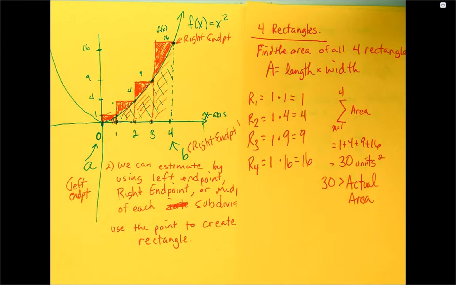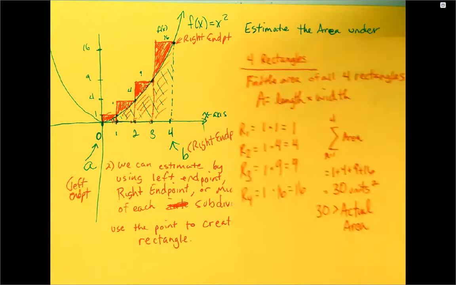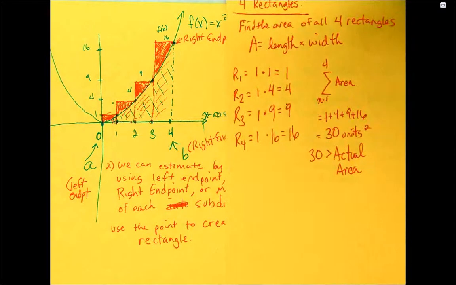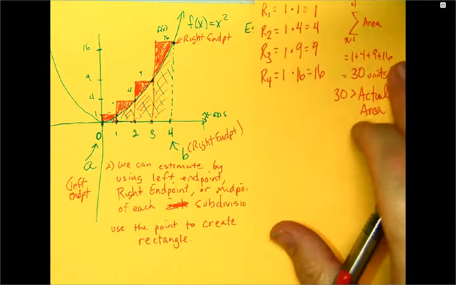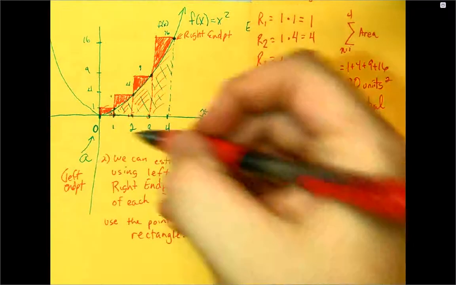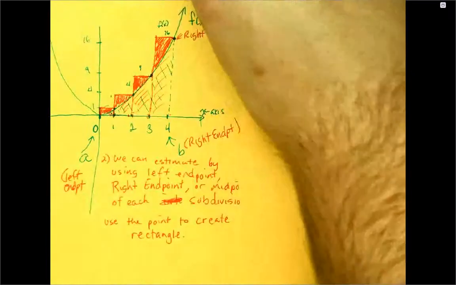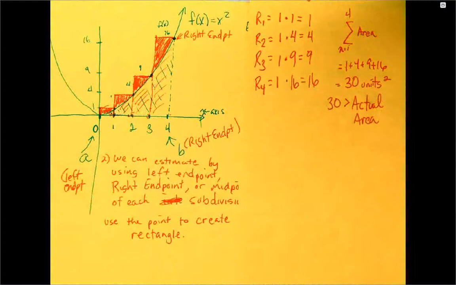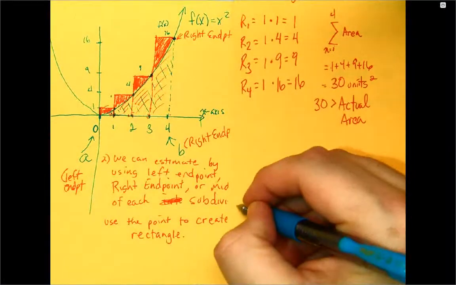Now, let's try to do a left endpoint estimation. So we did a right endpoint. Now, let's move those out of the way. If I did a left endpoint, I'll redraw it because it'll be a whole lot easier.